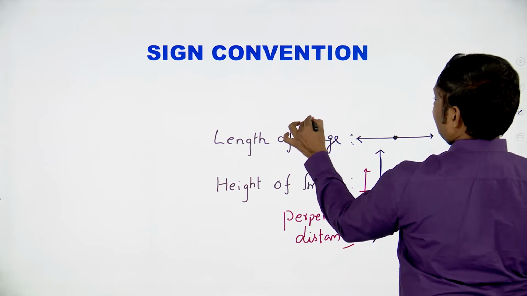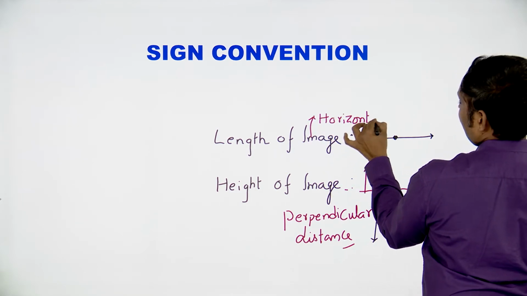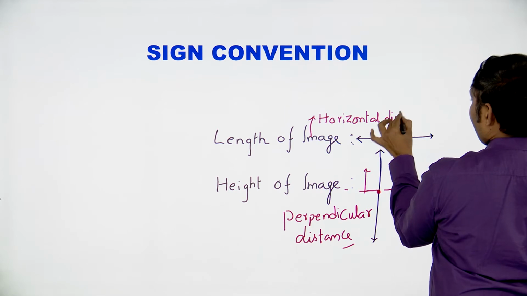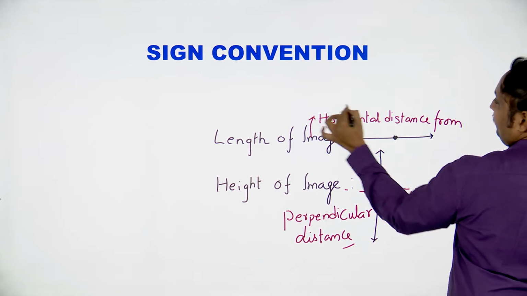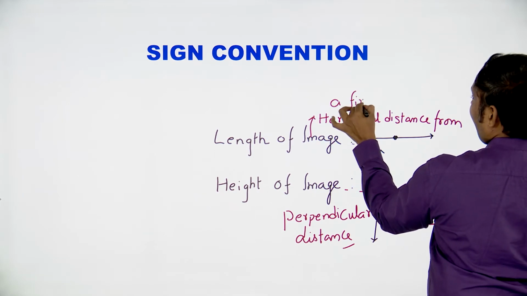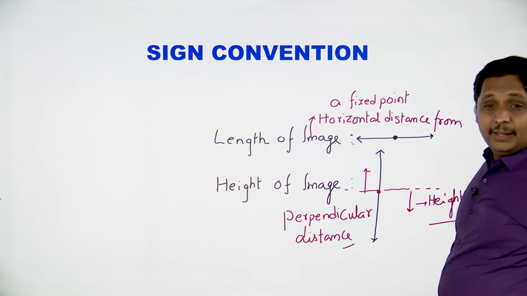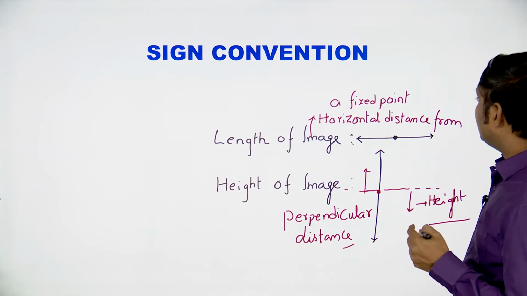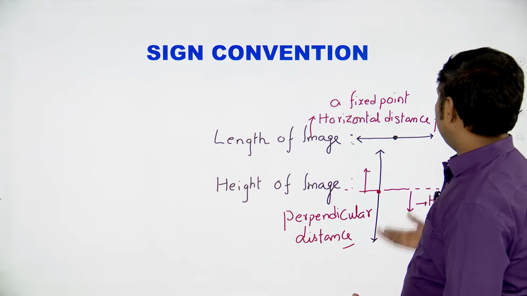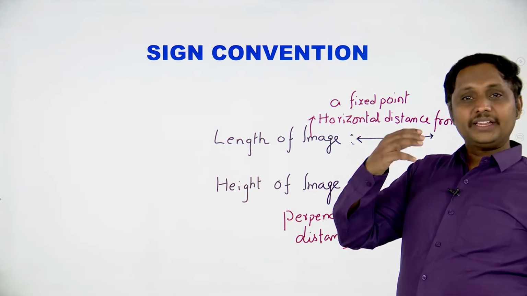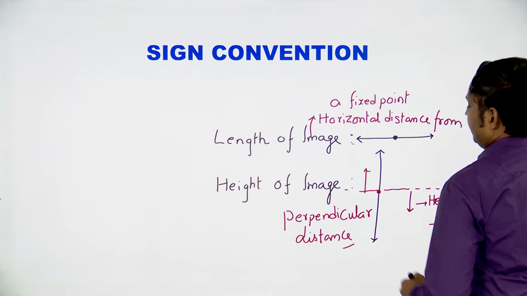We are going to get the horizontal distance from a fixed point. That fixed point is going to be the pole in case of spherical mirrors. In case of the lenses, we are going to take the optic center. That's very clear. It's very easy.